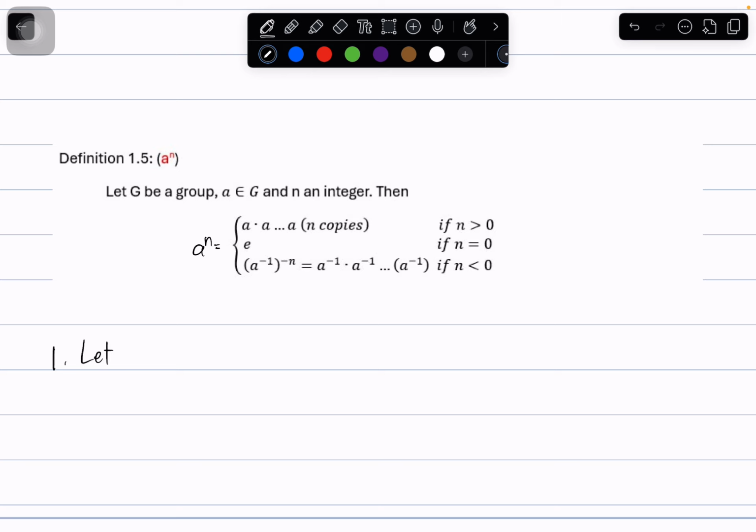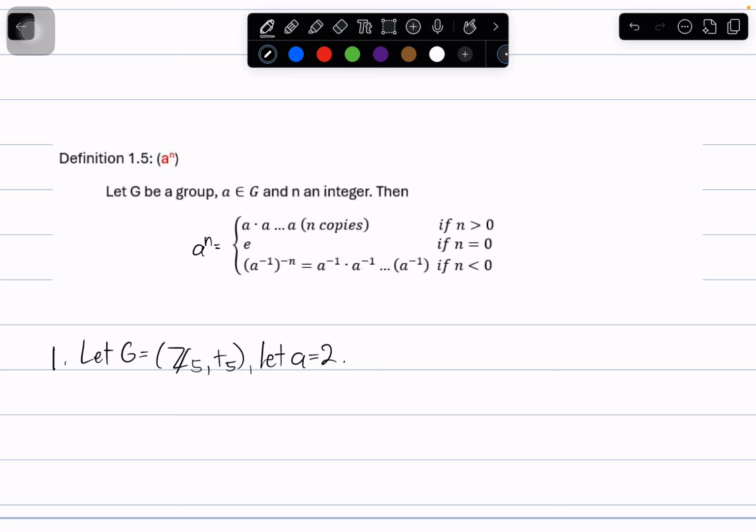So example, we have G is equal to addition modulo 5. Now, we want to have a equal to 2.